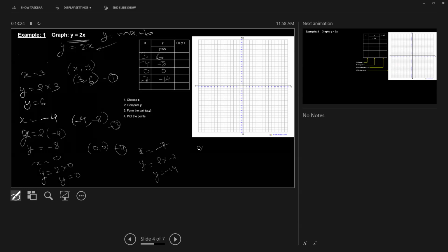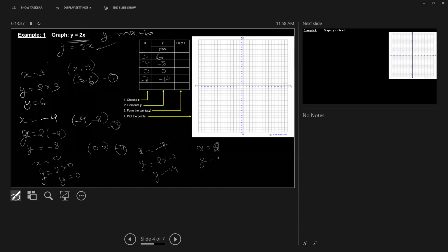Now let's take x equals 2. Then y equals 2 times 2, so y equals 4 here. So 2 comma 4. Let's write the coordinates here: 3 comma 6, minus 4 comma minus 8, 0 comma 0, minus 7 comma minus 14, and 2 comma 4.